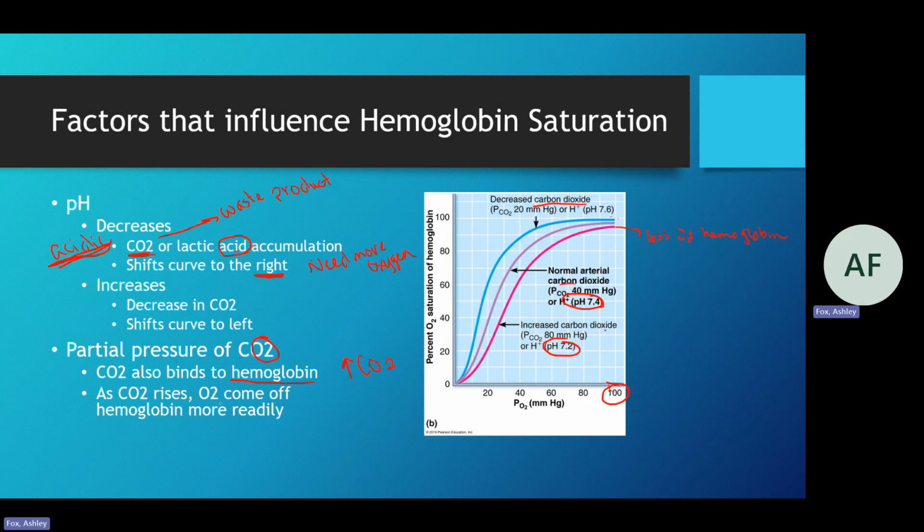Your tissues are going to need more oxygen because they're producing more carbon dioxide. So this means that they're active. They need more oxygen. So if the tissues need more oxygen, well, push it off of hemoglobin. That's what's delivering it. So you are going to push it off of hemoglobin because you have an increase in carbon dioxide. So that's why we have increased carbon dioxide and then a decrease of pH.